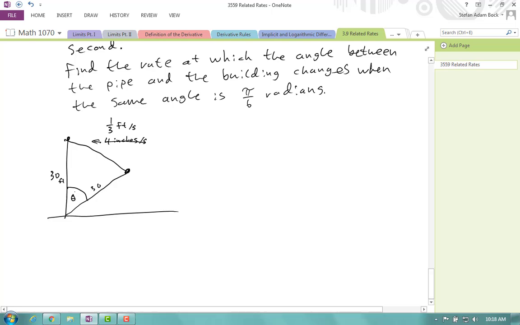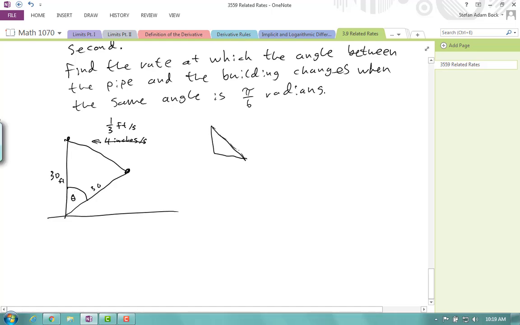So somehow I've got to combine all this information into, hopefully, one equation. More if I need to. Fortunately, there is just such an equation, and that is the law of cosines.